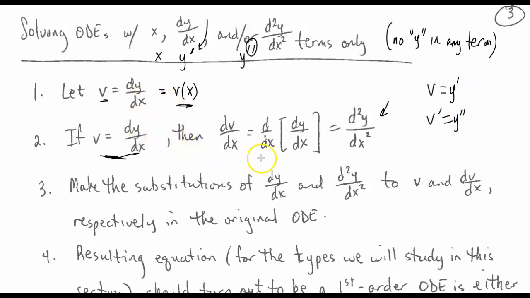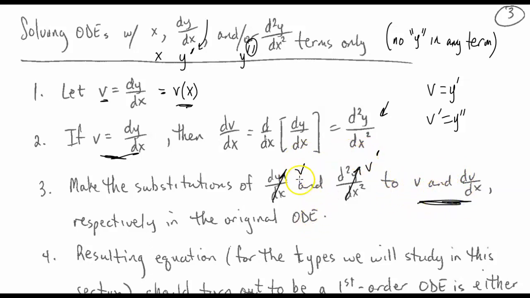From here, we make the substitutions that we need to. And so when we do that, we're going to see that this dy over dx, or y prime, is just going to be v. Anything that has the second derivative of y is going to be v prime. And of course, that's why I have this here.